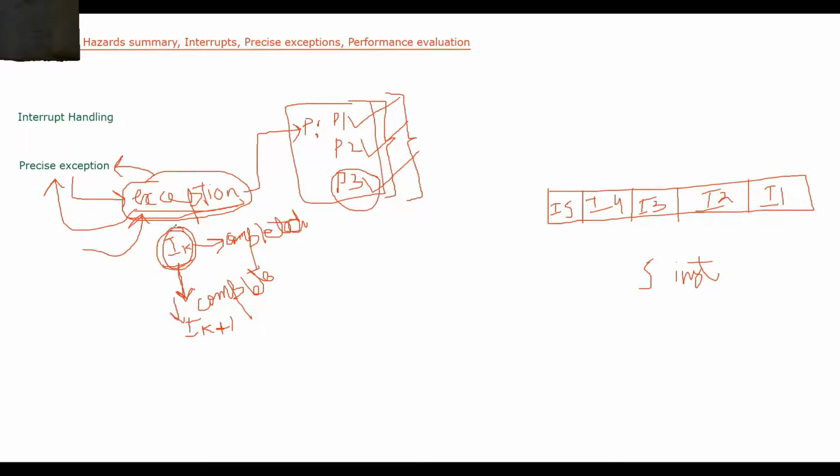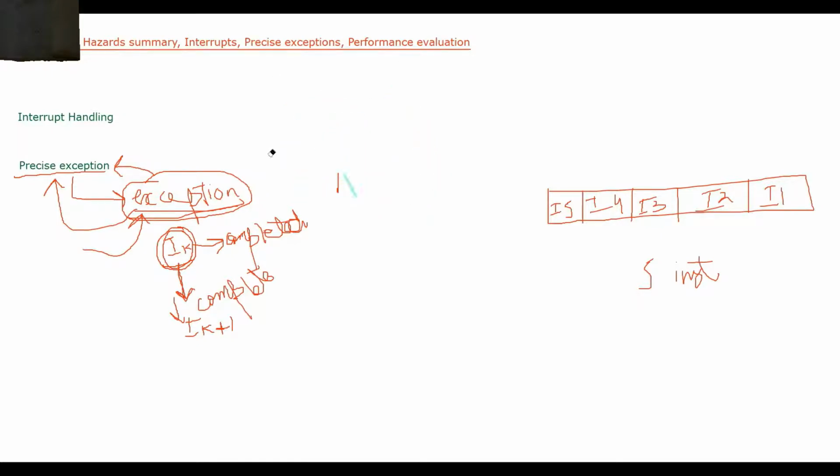No instruction of my actual program should complete before these instructions; only then is it called a precise exception. And let's see how we can make every exception in our processor pipeline a precise exception. Let's see how we can do it.